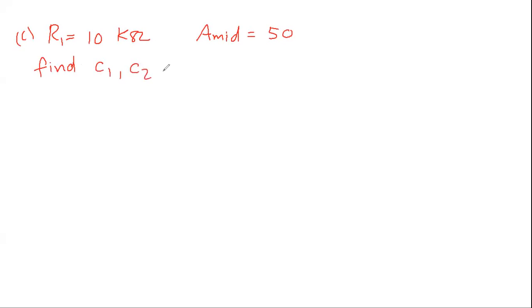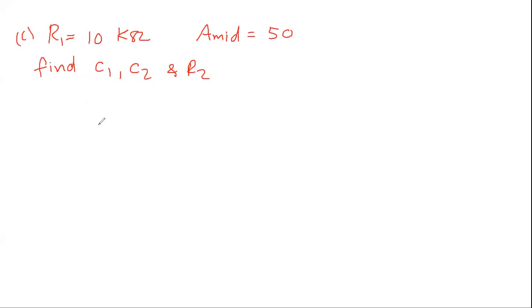So the next part says that you have R1 is 10K, and also A midband equals 50. Okay, so this is part C. And the question is to find C1, C2, and R2.